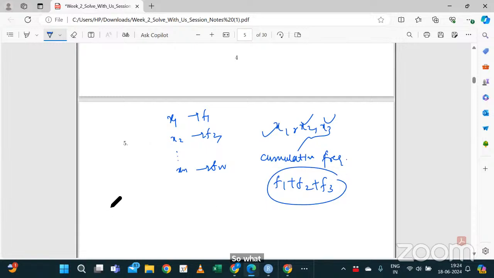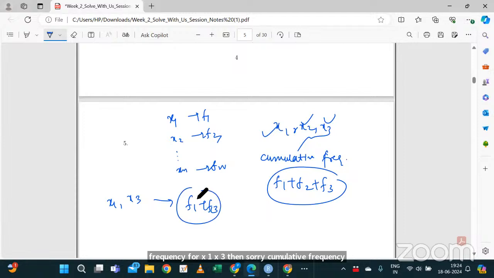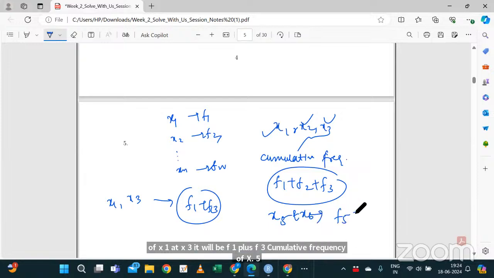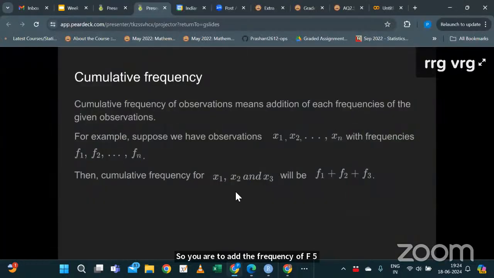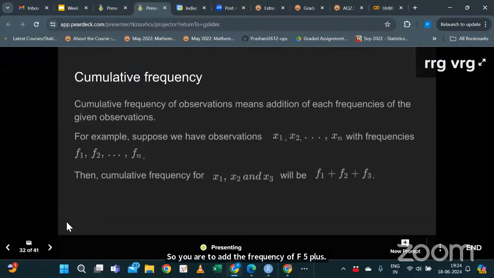If I ask the cumulative frequency of x1 and x3, it will be f1 plus f3. For x5 and x6, you add the frequencies: f5 plus f6, the sum of their respective frequencies. Correct.